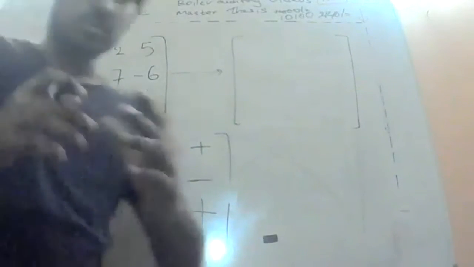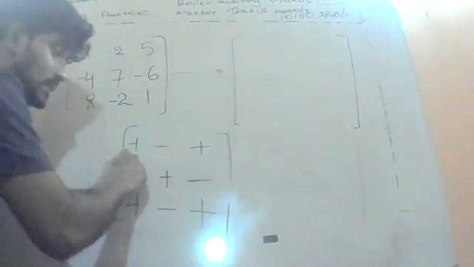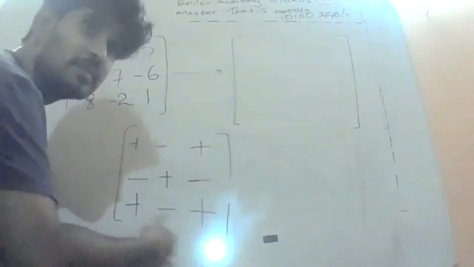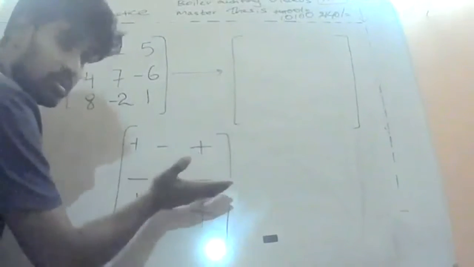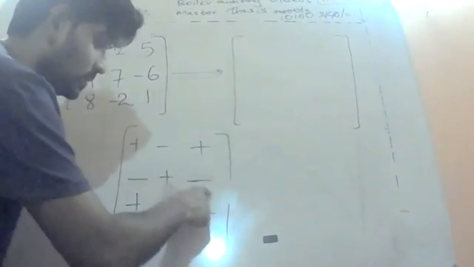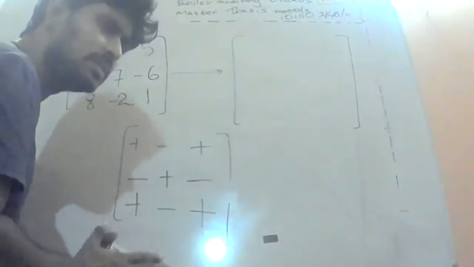Now I told you in the coefficient change in matrix, what we are going to do is change the coefficient such that the first row coefficients are changed by positive, negative, and positive, the second row coefficients by negative, positive, and negative, and for the last row, positive, negative, positive. But you might be getting doubts, so that's why I thought to explain that.